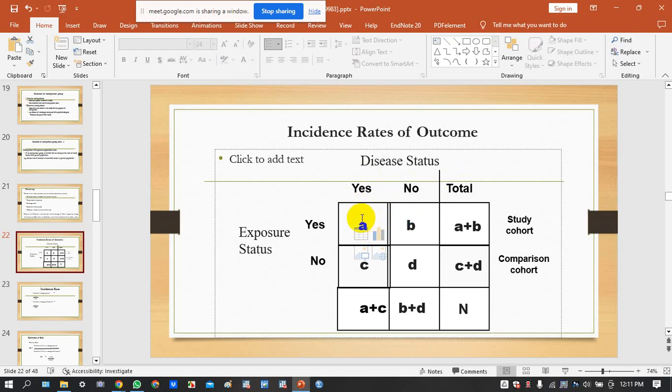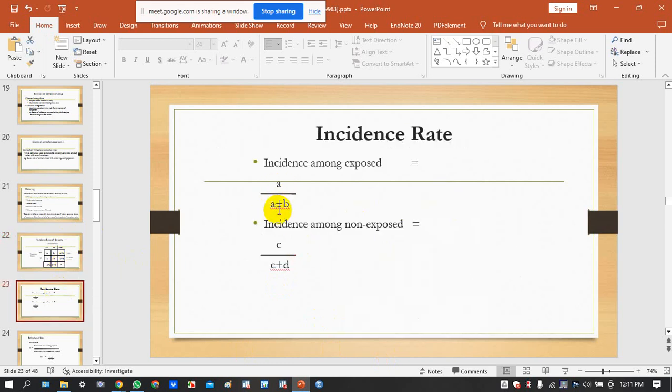To find the incidence, it will be the 10 people who had HIV over the total population of the sample. 10 plus 40 being 50, which is the total population, and 10 had HIV. So that would be A over A plus B. That's the incidence among exposed.